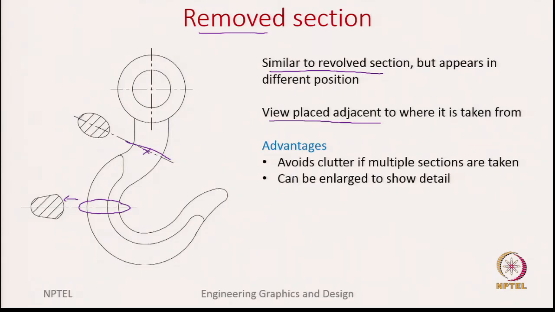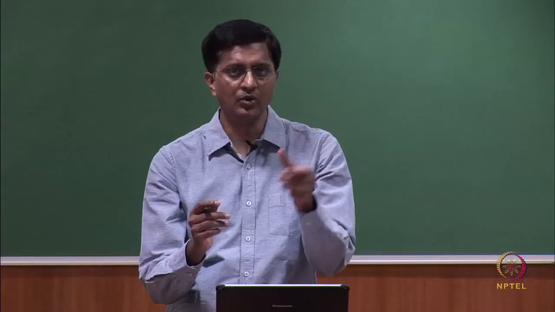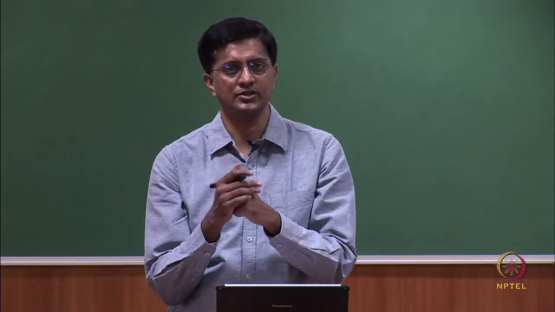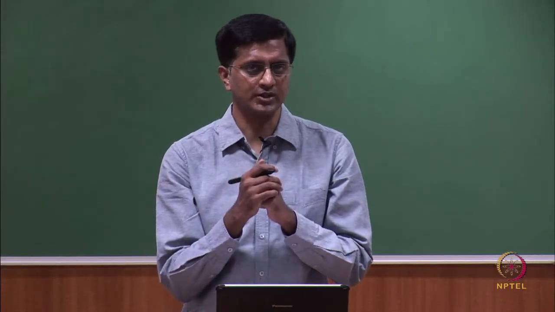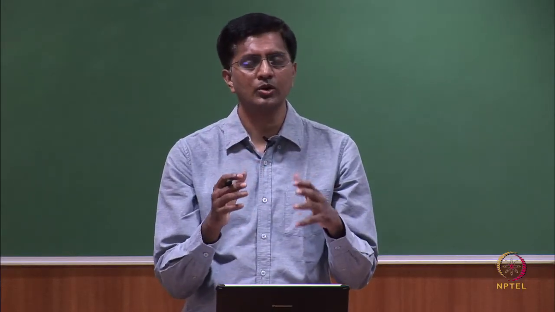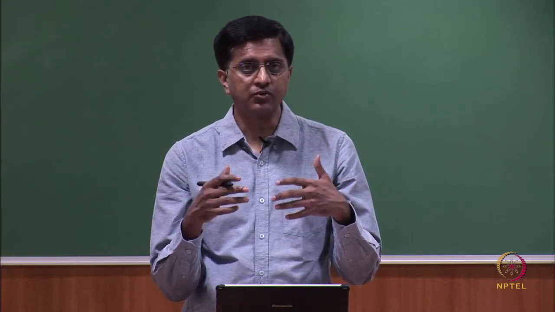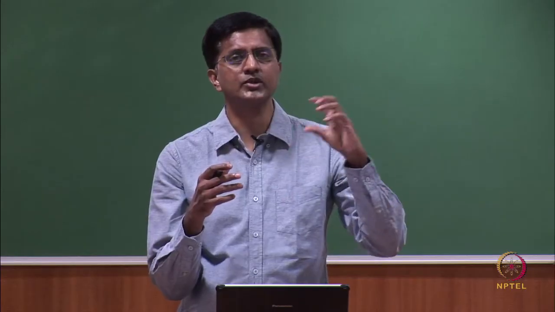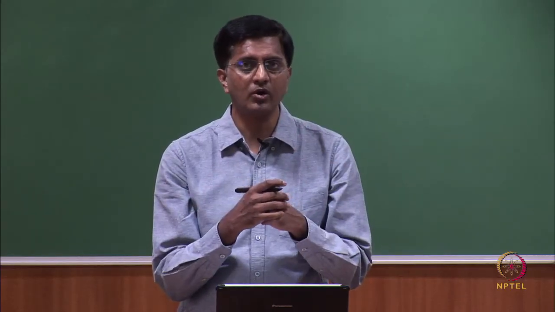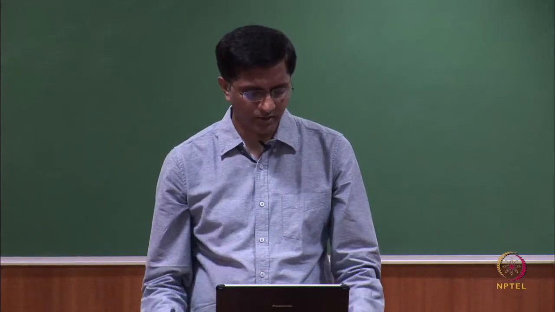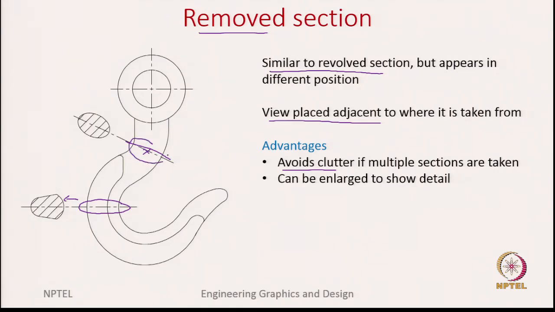So, the advantage is it avoids clutter. Let us say in this example we know that the cross section of this hook is continuously changing. Here we only showed 2 sections, but let us say we have to show 4 or 5 sections. Okay. If there are 4 or 5 sections and you use the previous method of revolved sections, then it becomes cluttered, because you will have one section showing here, maybe one here and the other ones here and here.